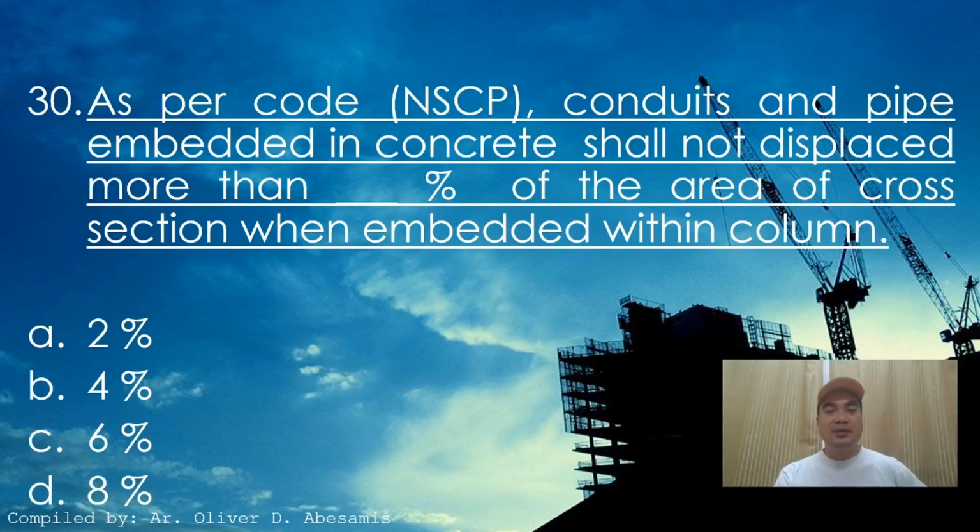D. 8%. Answer? B. 4%. To complete the sentence, as per code NSCP, conduits and pipes embedded in concrete shall not displace more than 4% of the area of cross-section when embedded within column.